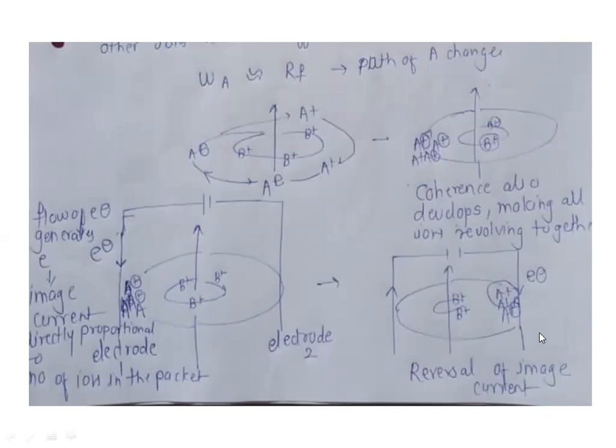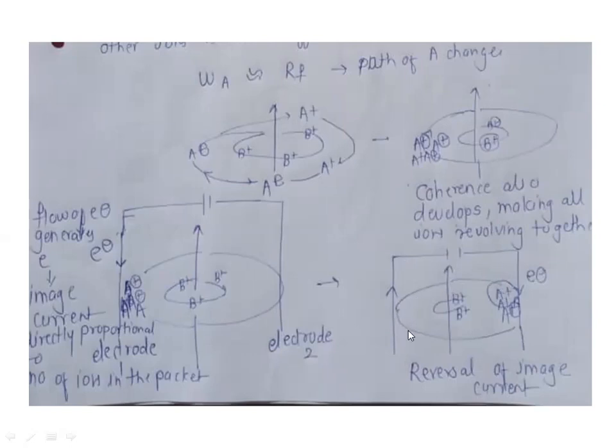Once they approach these plates, it's going to generate the image current characteristic of its mass to charge ratio. If we have a lighter mass, it's going to perform more revolutions. If you have a heavier mass, it's going to perform fewer revolutions. We measure all those signals in the form of spikes. A slow moving ion makes a fewer number of turns in comparison to lighter ions.